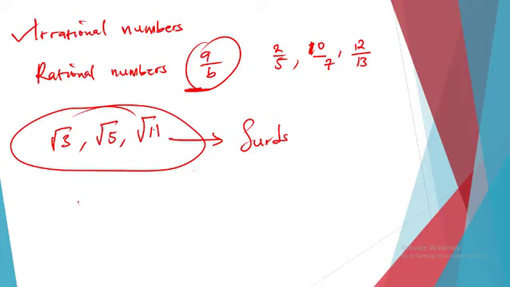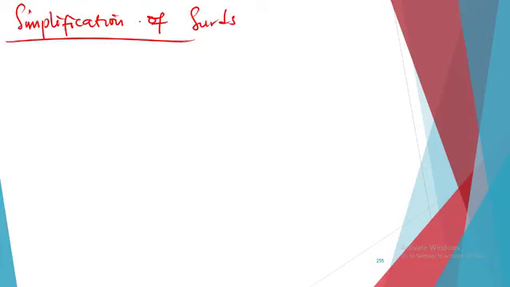Okay, so with this little idea, let us then go over to simplification of surds. Under the simplification of surds, we should understand that surds can be expressed in their simplest form or as the square root of a single integer.